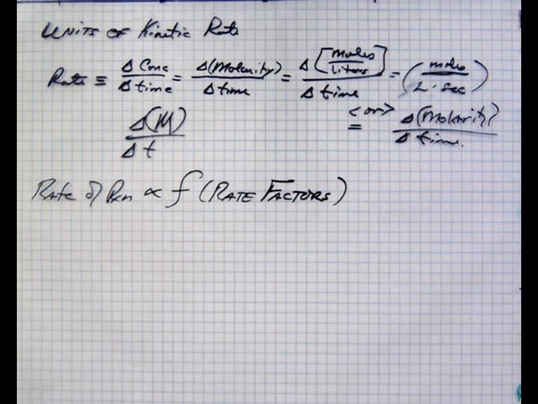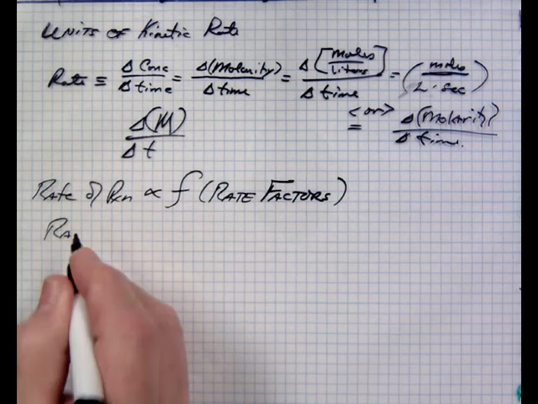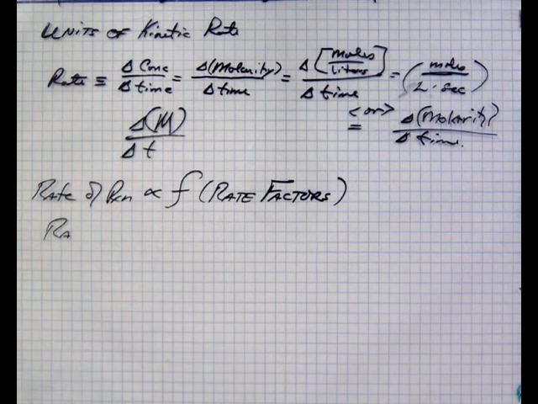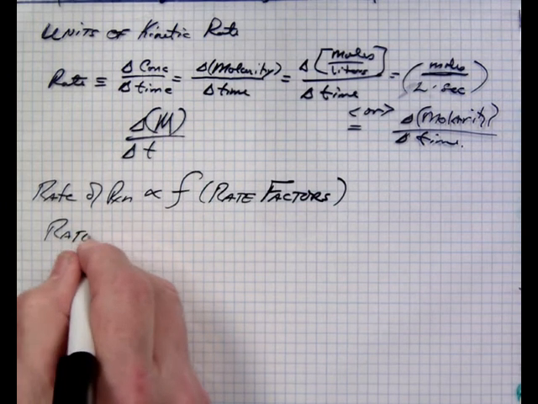If you change one of these factors, you change the speed of the reaction, how fast it goes from start to the equilibrium point. Rate factors can be easily remembered. Not quite as easy as I'm going to make it here, but you can remember the factors very easily this way.